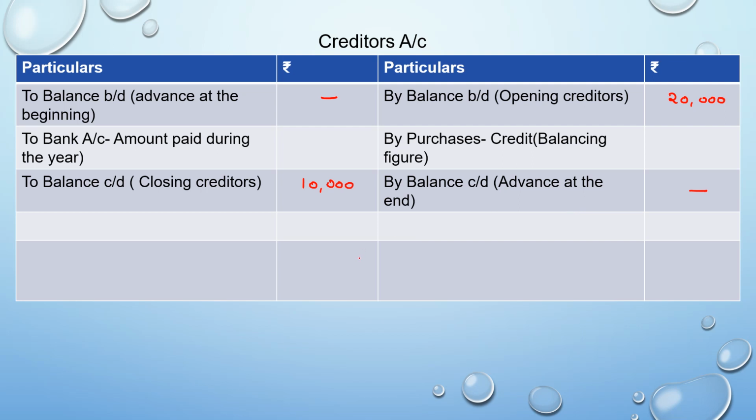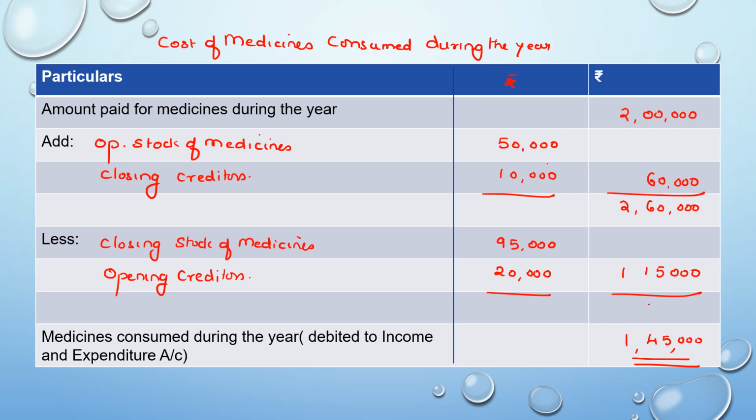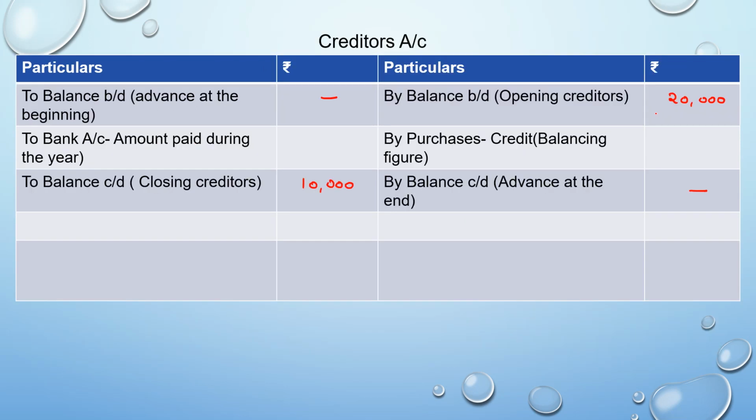And they've also given the amount which was paid, which we started with, it is 2 lakh. So that comes on the debit side here, 2 lakh. So just close this account, 2,10,000. Write it on the other side, 2,10,000. You get the balancing figure as 1,90,000. So this is the value of the credit purchase.